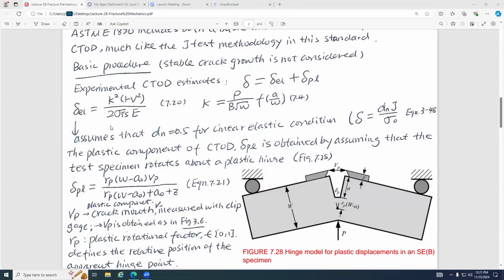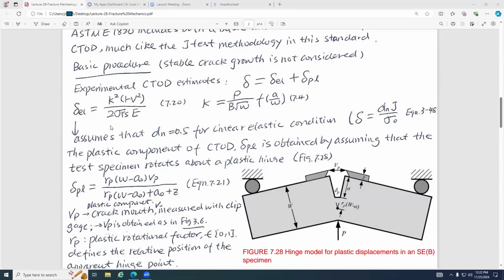We suppose this is a plastic hinge, and we rotate about it, and you get that figure. We can use the similarity between the two triangles, and delta PL can be obtained using this equation.